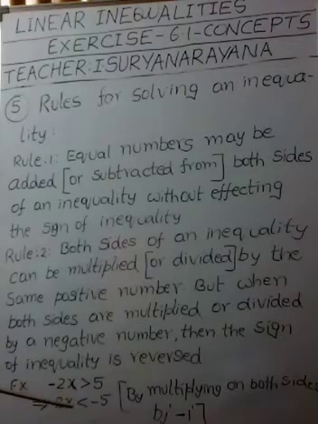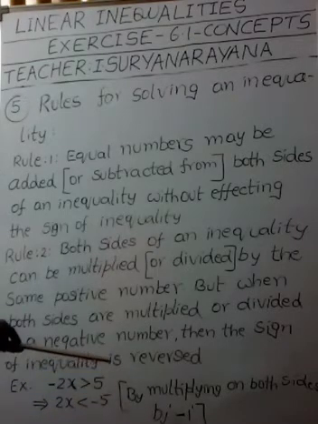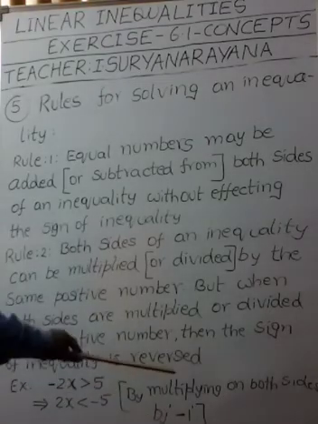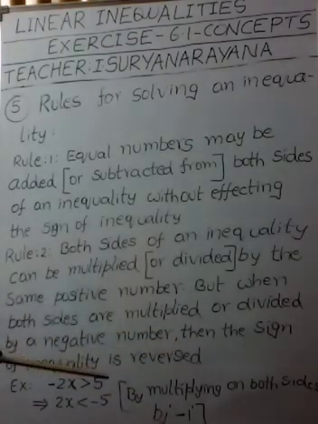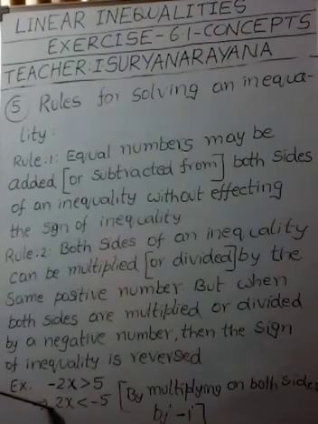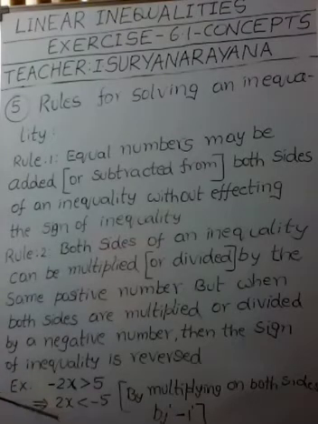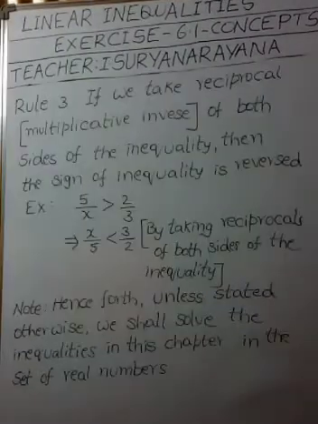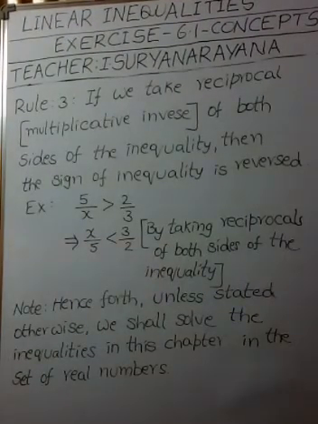Understood this point, my children? If you multiply by minus 1, what do we get here? Minus 5. So by multiplying on both sides by minus 1, we get this step. Understood this example, my dear children? Please remember this point, my dear children, in solving an inequality. Understood this point? Right. Now come to the third rule.